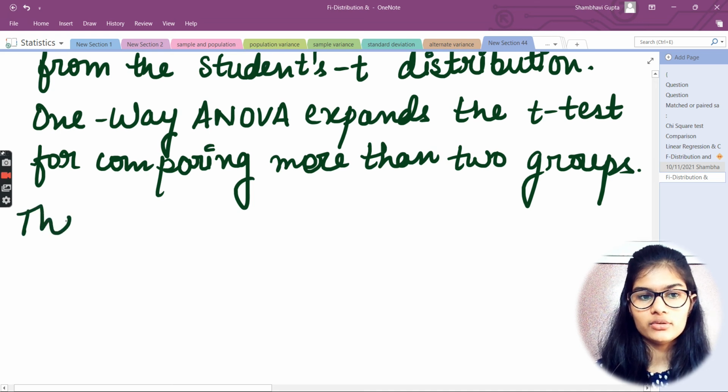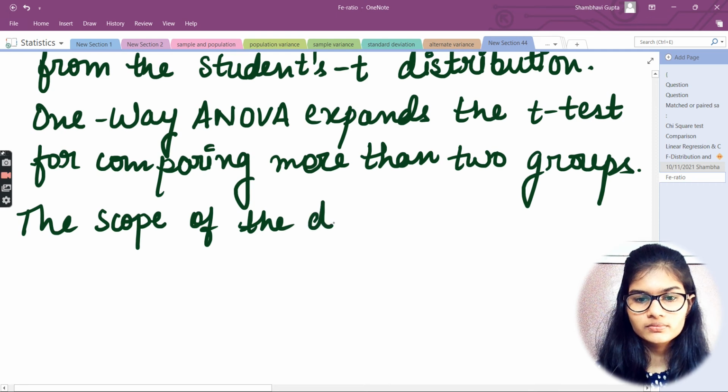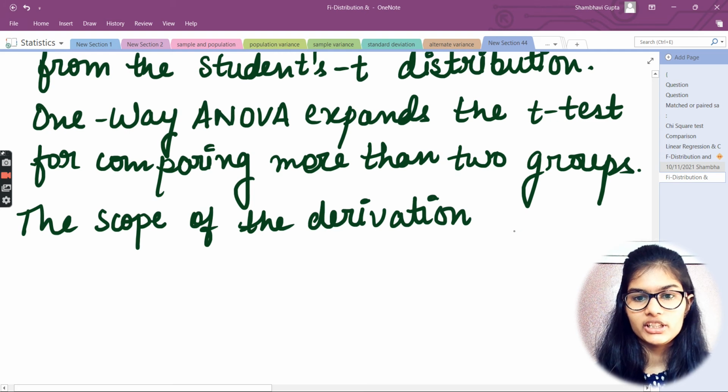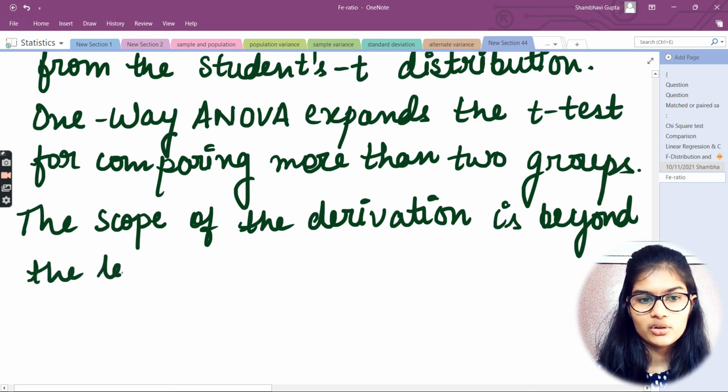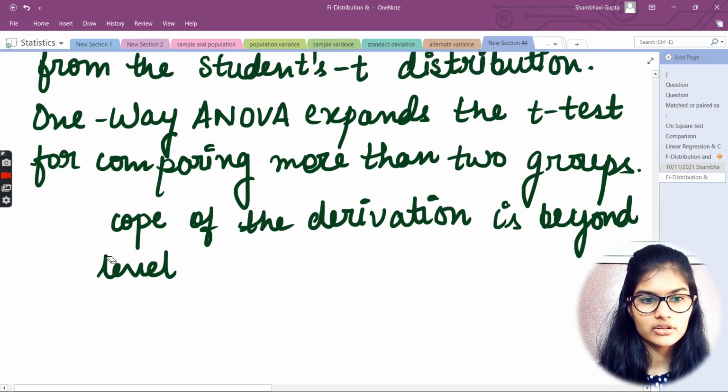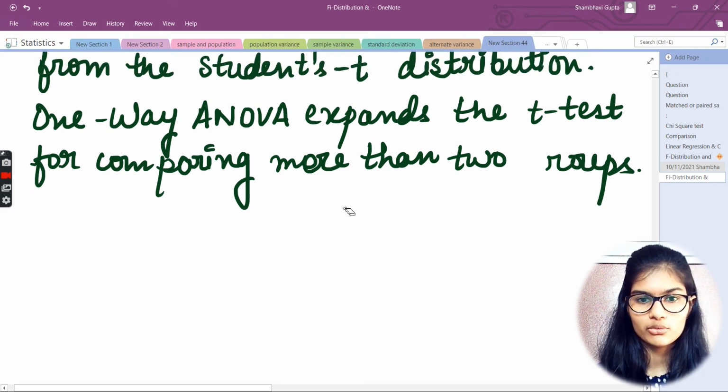The scope of the derivation is beyond the level. I would remove this sentence for now and let you know afterwards.